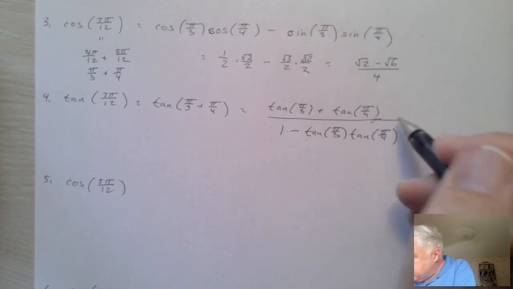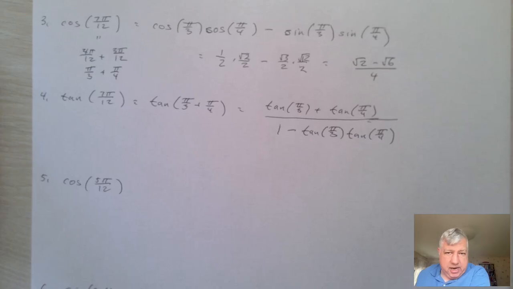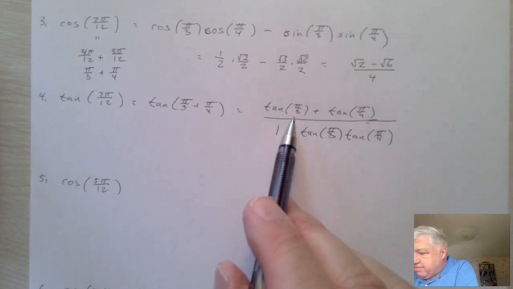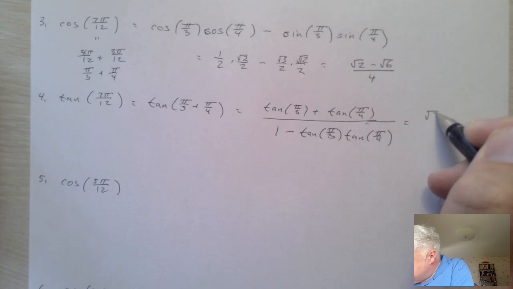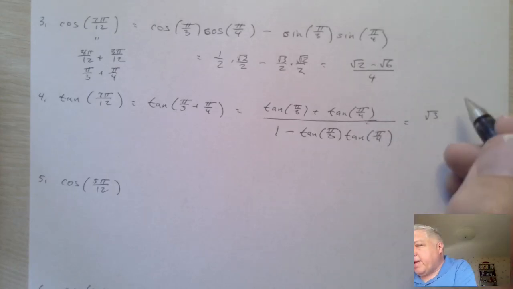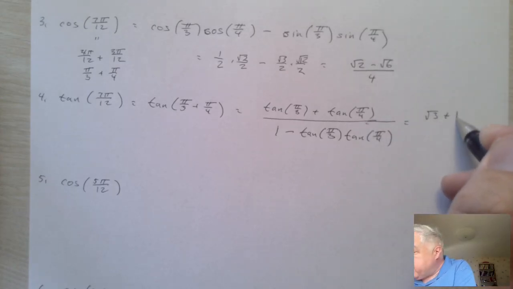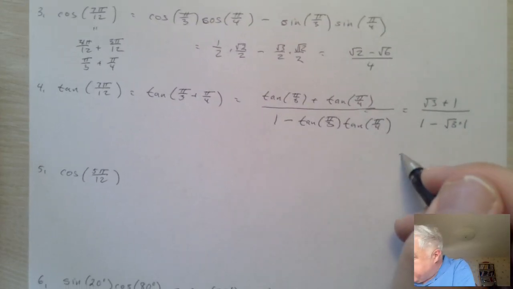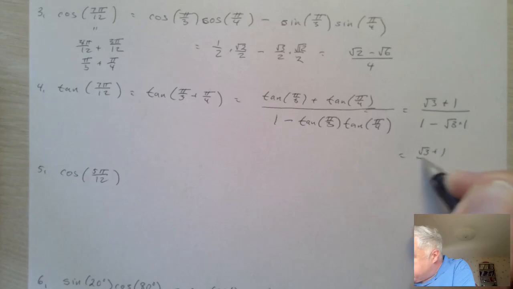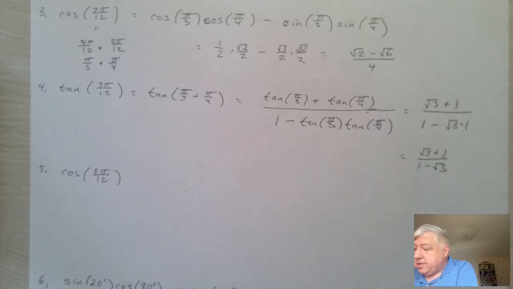Then you just have to remember your tangents. Tangent of pi over 3 is equal to square root of 3. Tangent of pi over 4, that's the easy one, is equal to 1. So this is square root 3 plus 1 over 1 minus square root 3, whatever that is.